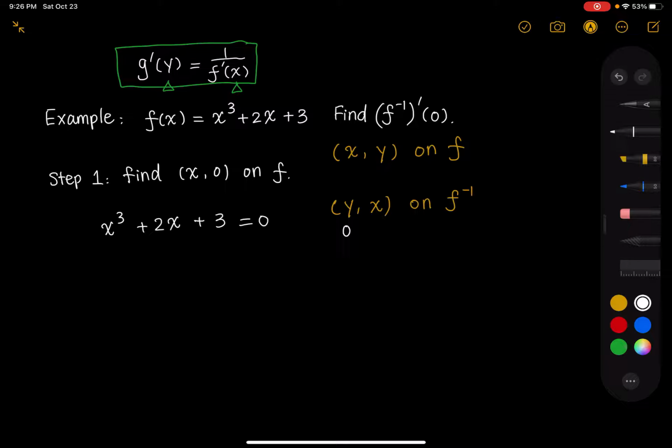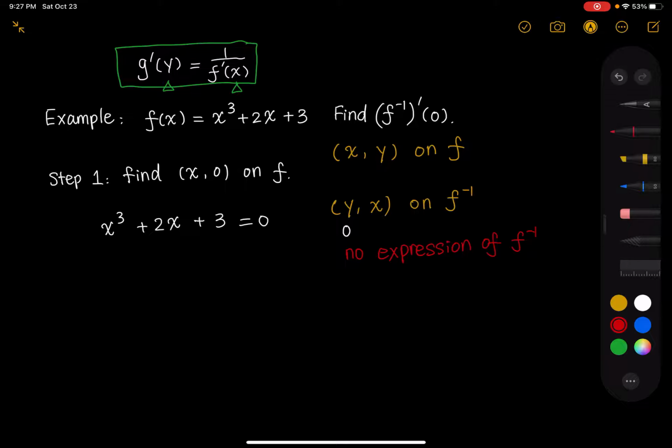You do not need to know the expression of f inverse. So in this case, we have no expression of f inverse, but it's okay. We don't need the expression. All we need is the derivative at a point.